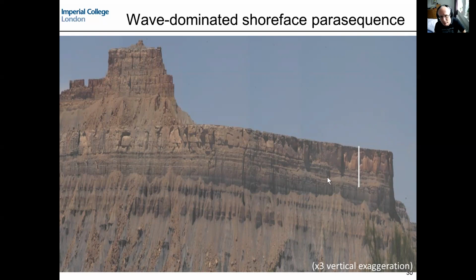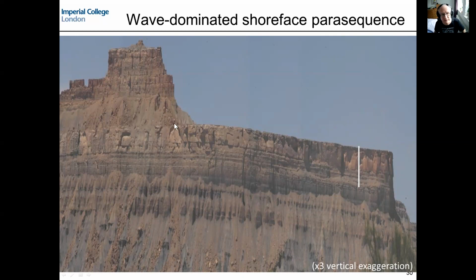So again, we have a succession here indicated by the white line where we go from mudstone, interbedded sandstones and mudstones, into continuous sandstone. So this is an upward shallowing succession, and then it's capped by a change back into mudstone. So this would be a flooding surface representing a change from the top of our shoreface succession in sandstone into muddy offshore deposits.